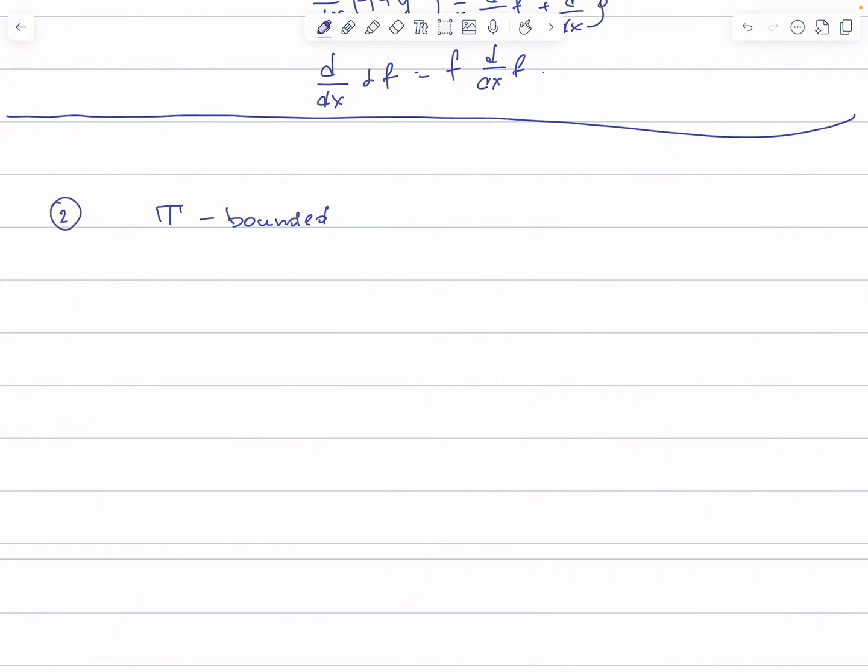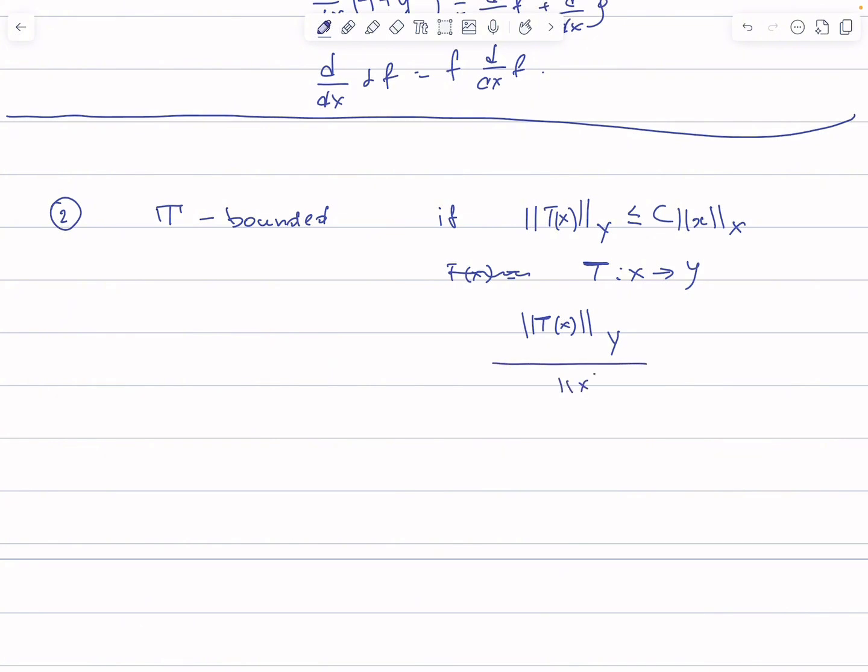It means the norm of Tx in Y is less than or equal to C times the norm of x in X. Another way to write it: T is from X to Y. Bounded means we can bound this relation, the norm in Y divided by the norm in X, by some constant.